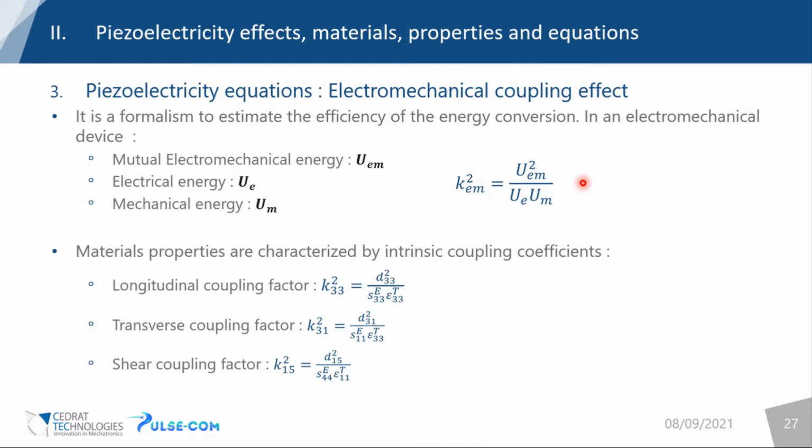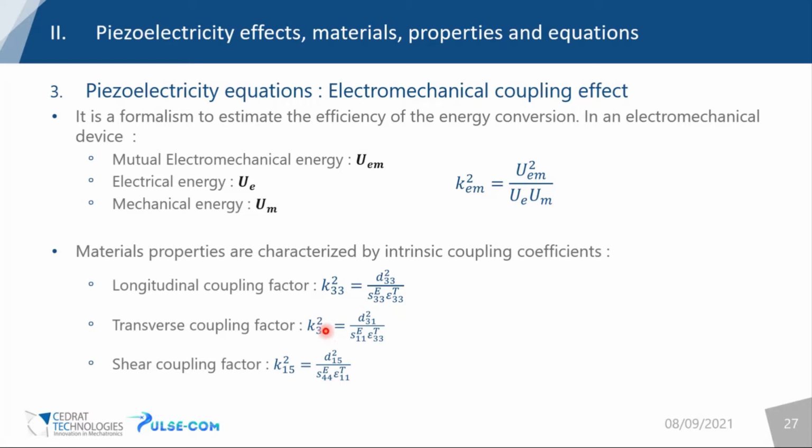If you have a ratio of 1, it means you have a perfect energy conversion, which rarely exists in this world, but most likely you can have a conversion of 0.3 or 0.4 usually.